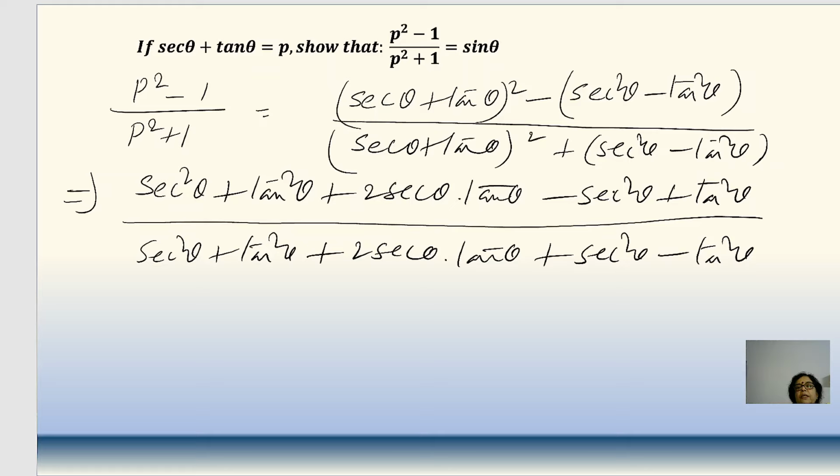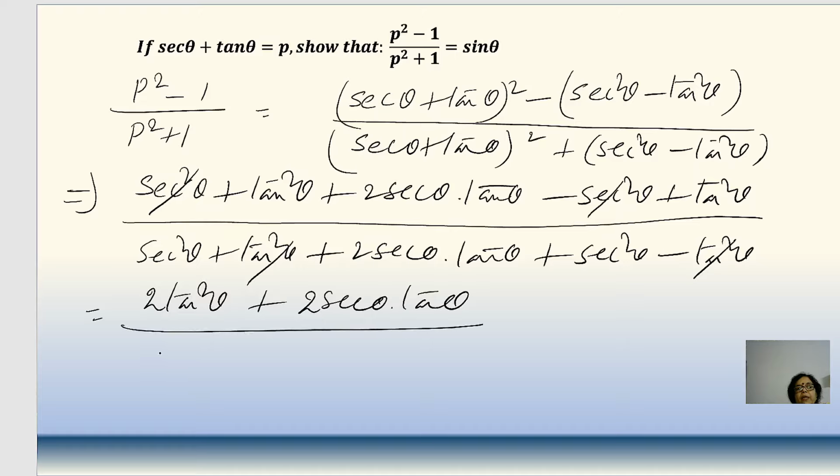So in the numerator, the sec square theta term gets cancelled. In the denominator, the tan square theta terms get cancelled. So in the numerator, we are getting 2 tan square theta plus 2 sec theta into tan theta. And in the denominator, we are getting 2 sec square theta plus 2 sec theta into tan theta.